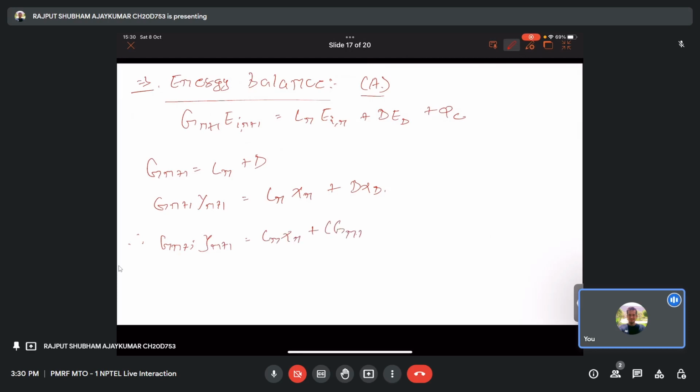I'm just rearranging the terms so that we can simplify this form. It should give Ln/Gn+1 = (xD - yn+1)/(xD - xn).